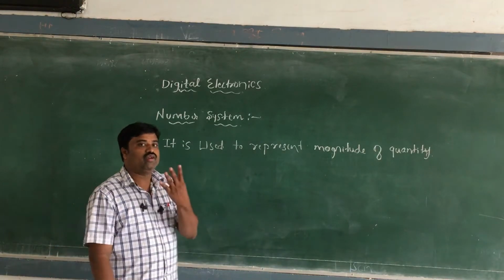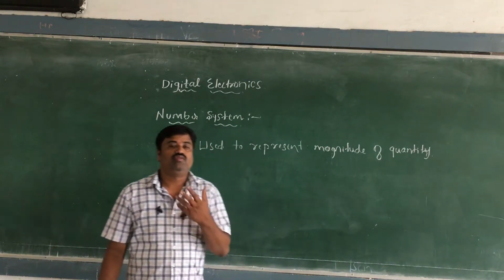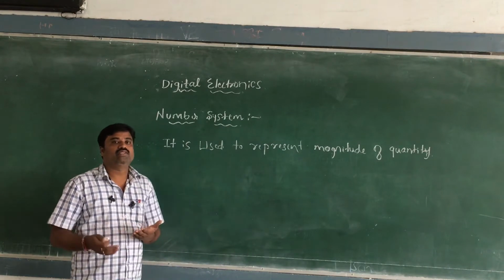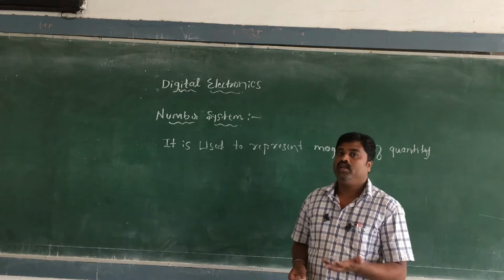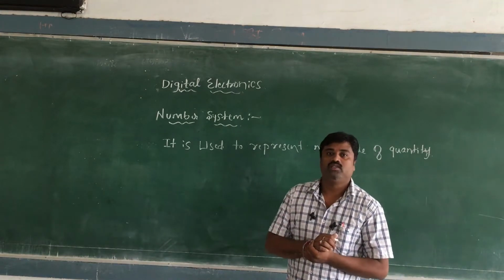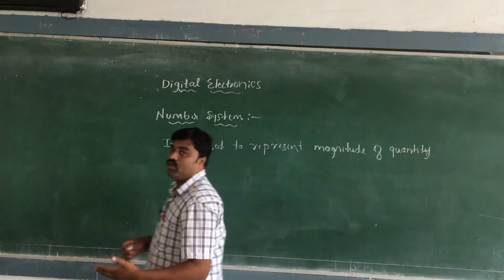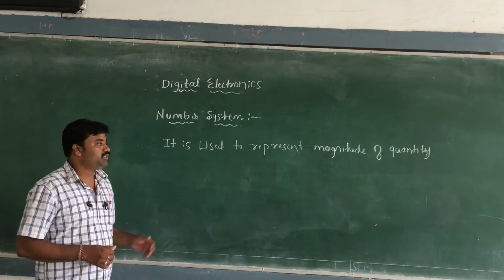There are four types of number system: binary number system, decimal number system, octal number system, and hexadecimal number system. We'll see them one by one.